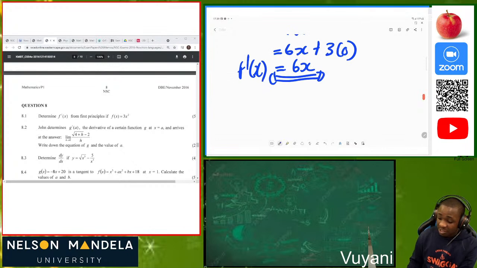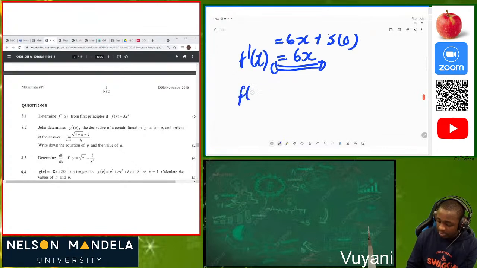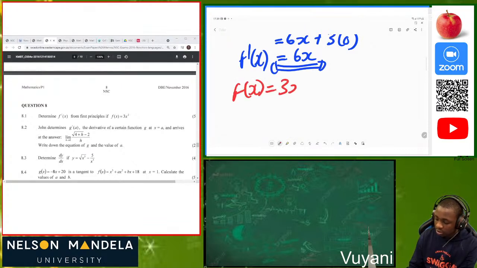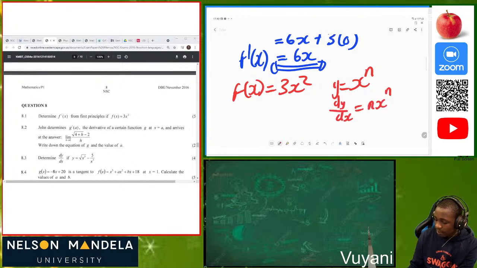But if they didn't say by first principles, we know that if you are given f of x equal to 3x squared, you can solve this by the power rule. The power rule says that if y equals x to the n, then dy over dx is equal to n x to the n minus 1.